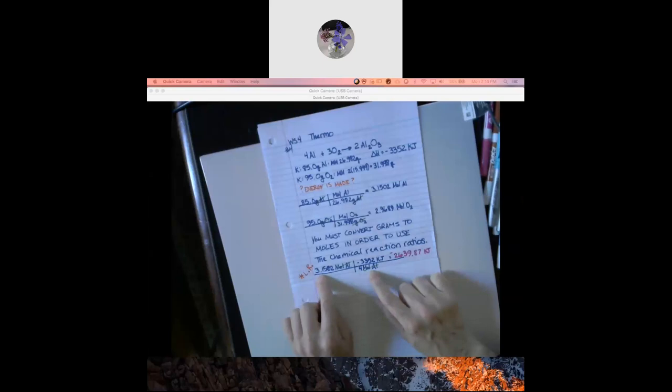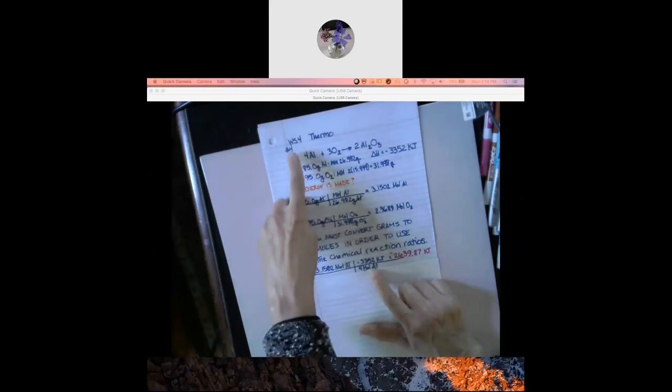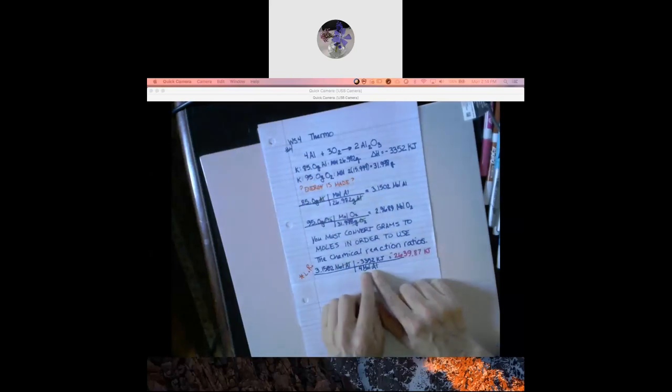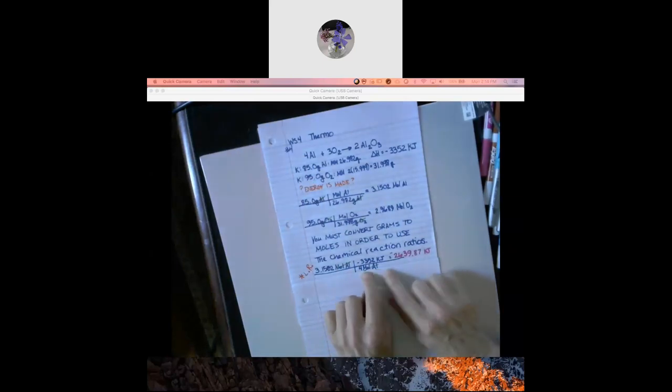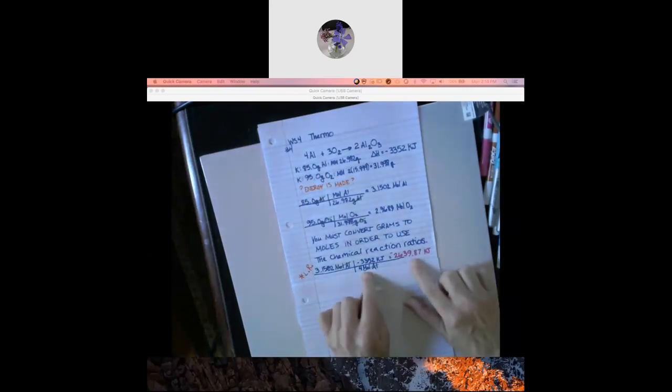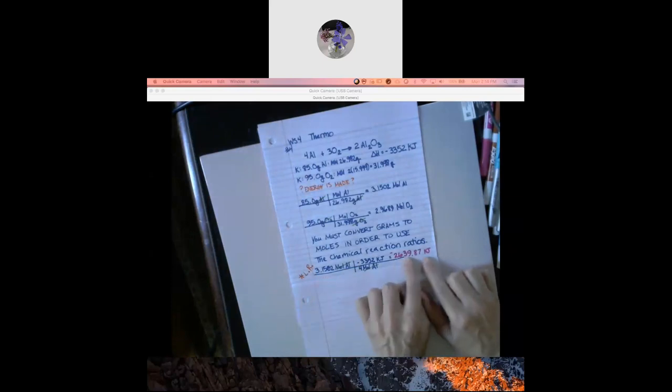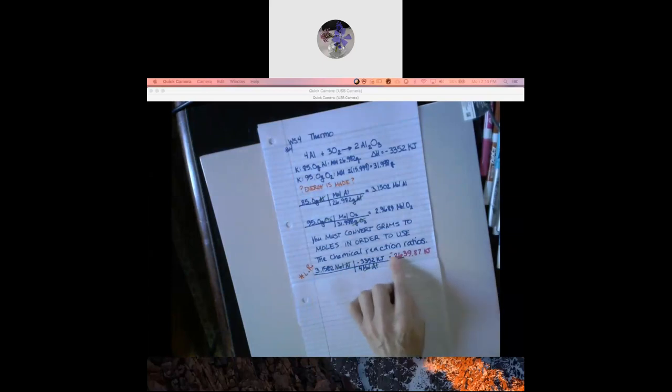But I don't have 4 moles, so I'm going to be able to cancel out moles and put it into kilojoules if I divide it by the number of moles of aluminum that I got from the chemical equation. Once you plug this into your calculator, you would get 2,639.87 kilojoules. And the negative is really important. It means it's exothermic.